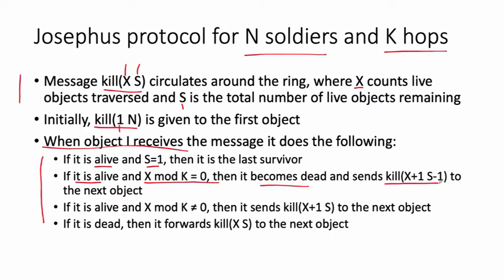And you send kill X plus 1, S minus 1 to the next. If it's alive and X mod K is different from 0, then it does not die. It sends kill X plus 1, S to the next object. And if it's dead, it just forwards the message. So dead objects are kind of like zombies. Okay? So that's the protocol.